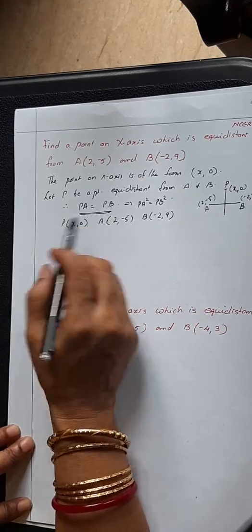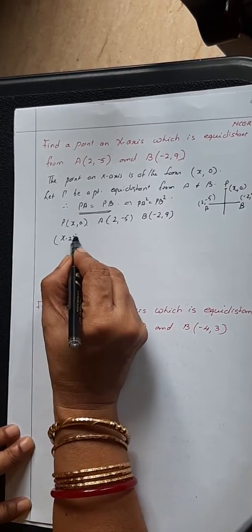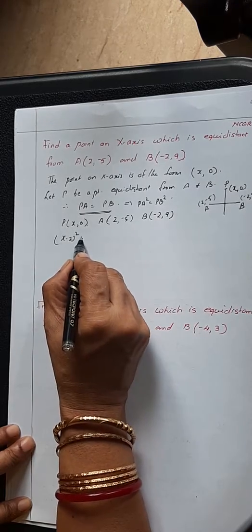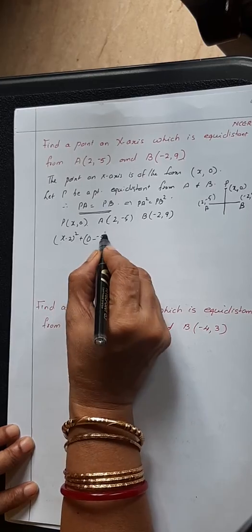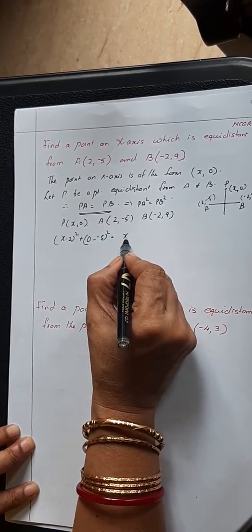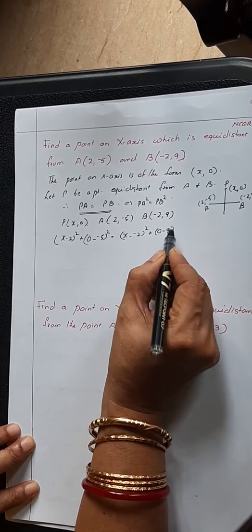So we will remove the root and straight away write (x minus 2) the whole squared plus (0 minus minus 5) the whole squared is equal to (x minus minus 2) the whole squared plus (0 minus 9) the whole squared.